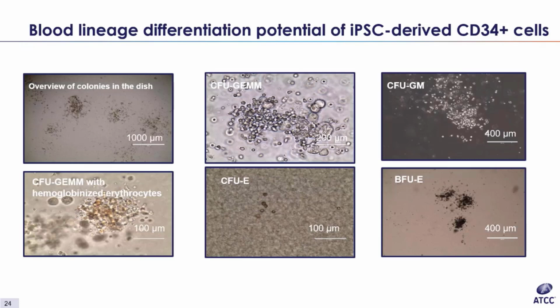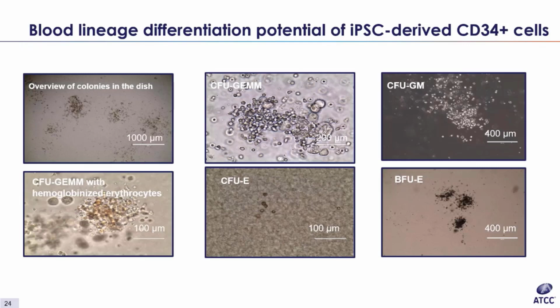Top right is CFU-GM, which are precursors to monoblasts and myoblasts and are derived from the CFU-GEMM. Bottom left is CFU-GEMM with hemoglobinized erythrocytes, and you can see the red of the hemoglobin.